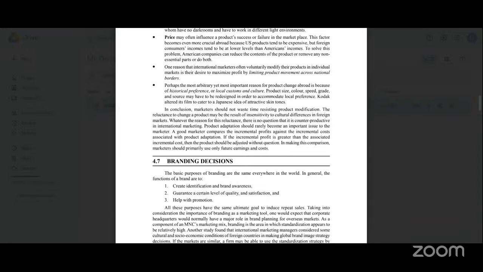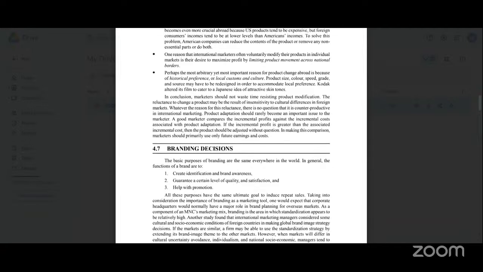The next point to be considered, perhaps the most arbitrary one actually, is product change abroad because of historical preference or local customs and culture. That means over a period of time, how did the local customs and culture prevail? It could be in terms of product size, color, speed, grade, and source. So all these are considered.